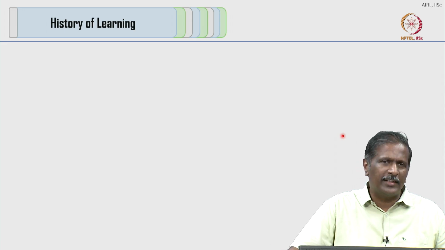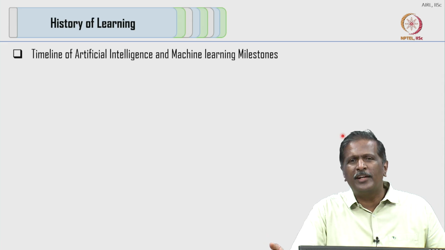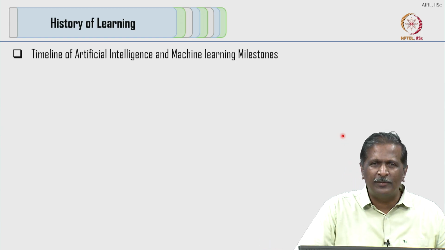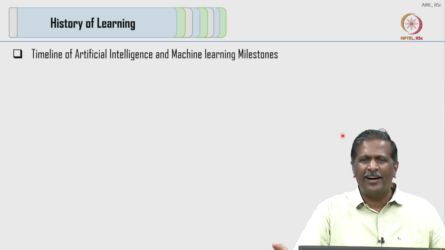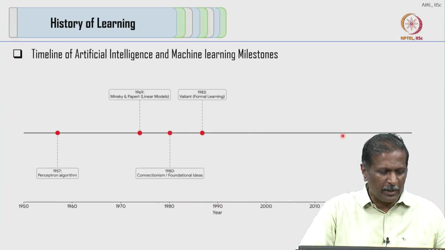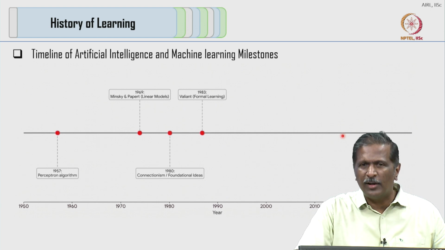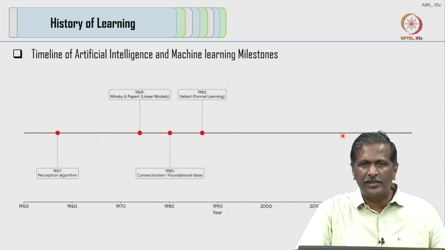Now let's look at the history of learning, right? The timeline of artificial neural networks: when it was started, what are the key milestones which led to different progress, and where we are today. I just talk about 1950 to 1960. In 1957 the perceptron algorithm came into picture.